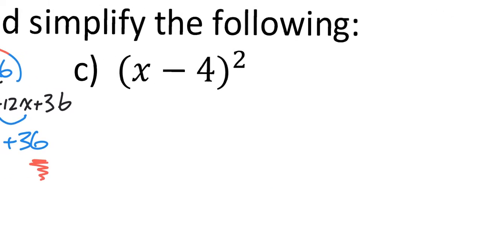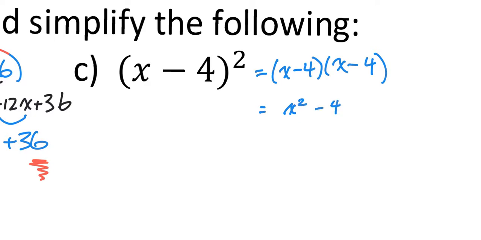So let's expand this one. Now we end up with the same thing again: x squared, and that comes from these two multiplied with the first, and then minus 4x, and that comes from -4 times all the stuff in the second bracket.